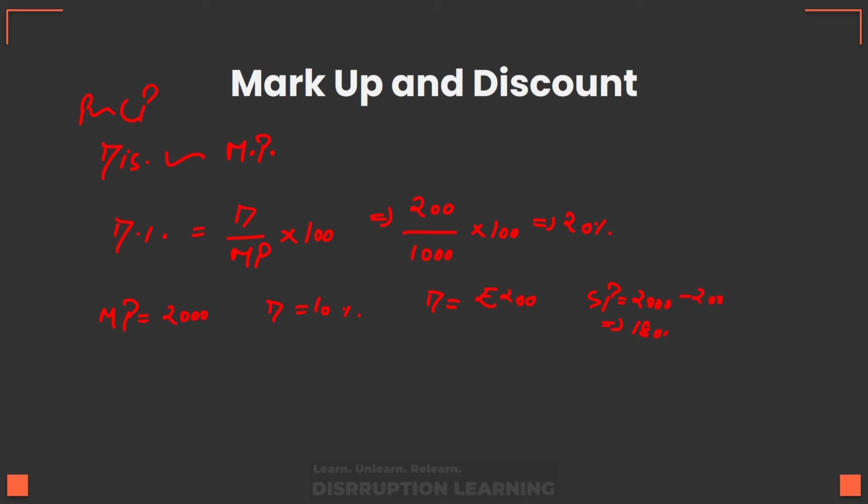Or you have a larger formula in which SP is equal to marked price multiplied by (100 minus discount percent) divided by 100. So this would be 2000 into (100 minus 10) divided by 100, which would again turn out to be 2000 into 90 by 100, which is 1800.